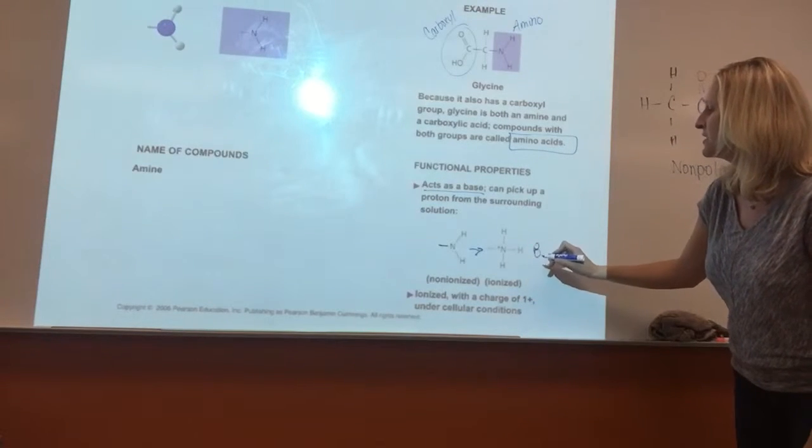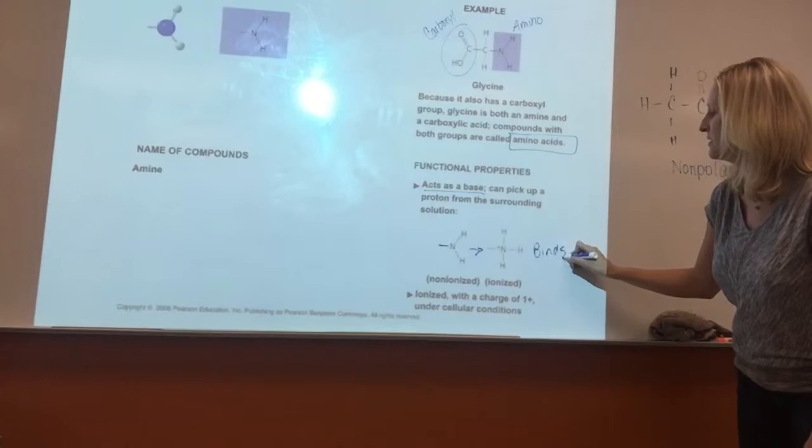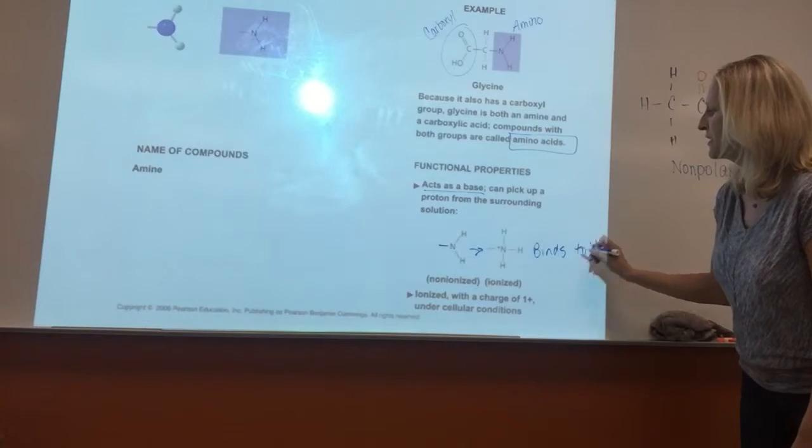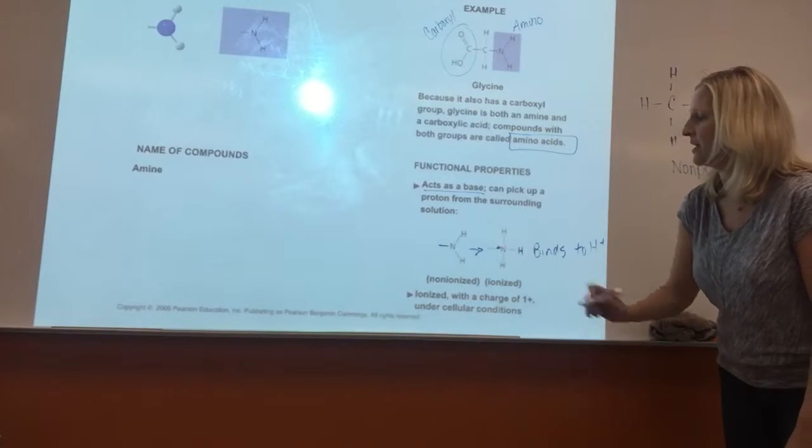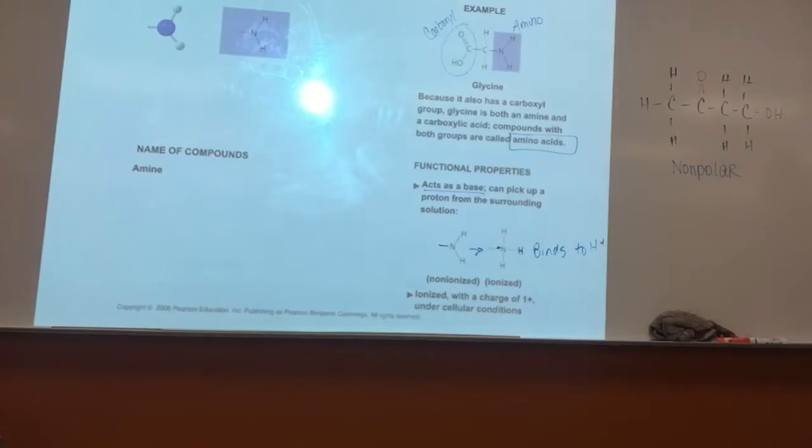So this binds to the H plus here, and that's why we have an extra H, and that's why it has a positive charge, okay? So by binding to the H plus, it reduces the H plus ion concentration.